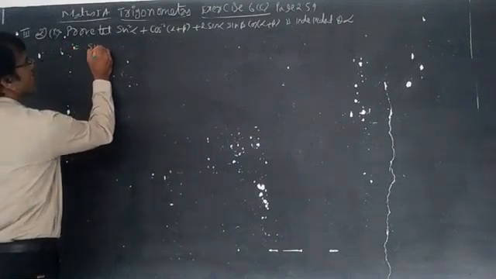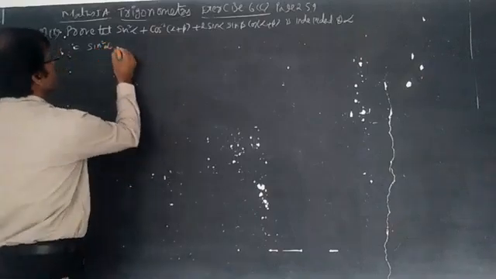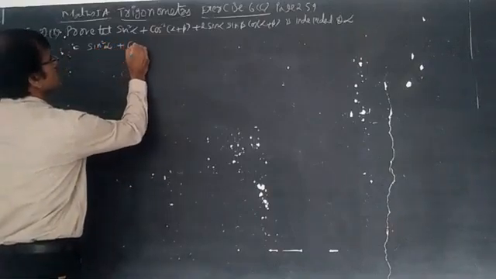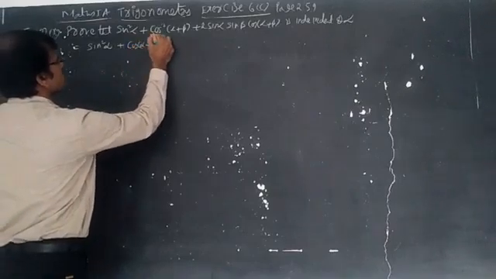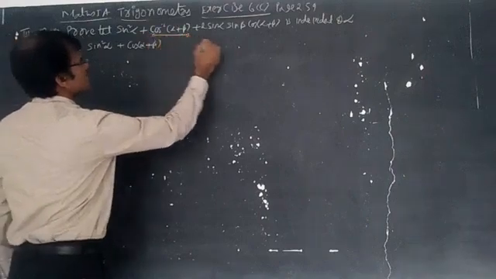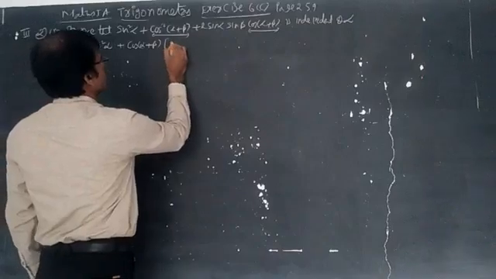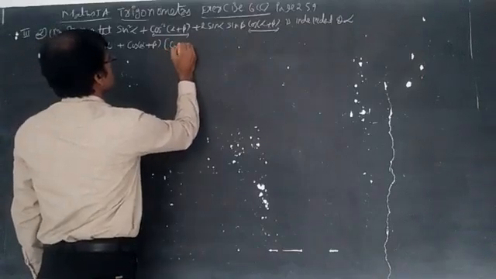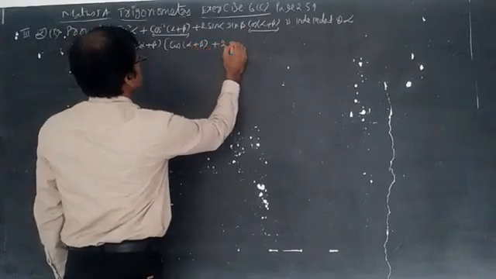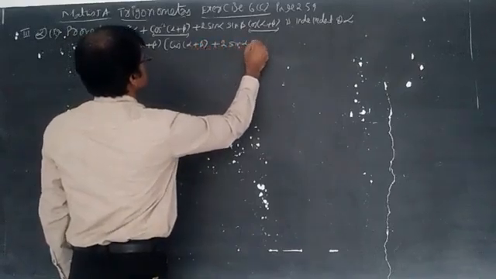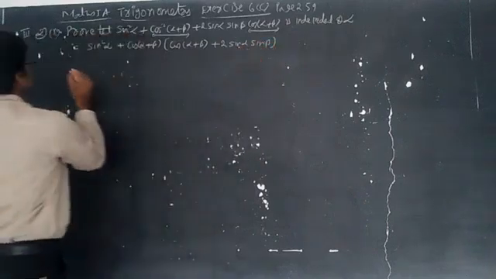Sin square of alpha plus, here take common cos of alpha plus beta. Here cos square is there, here a simple cos term is there. So take cos of alpha plus beta common. So here you can write cos of alpha plus beta plus 2 sin alpha sin beta.